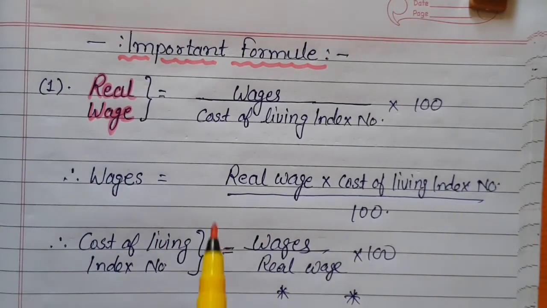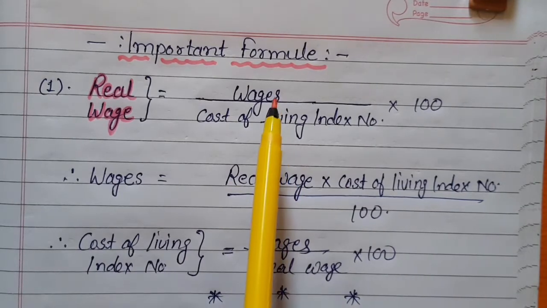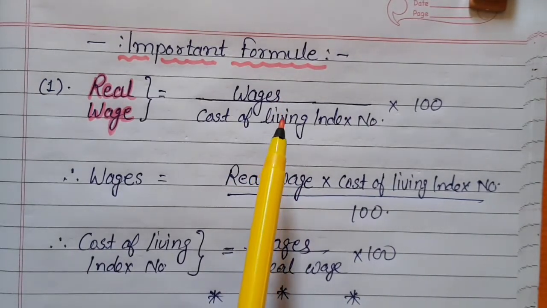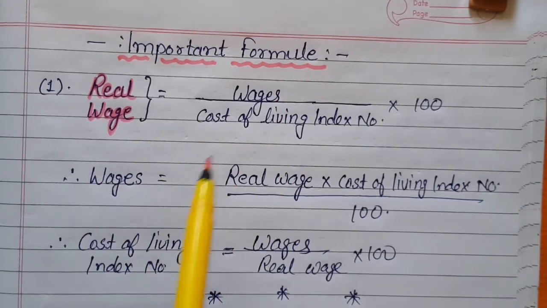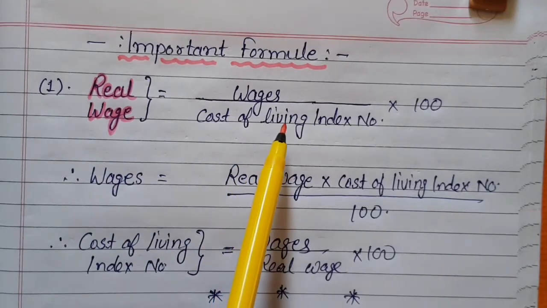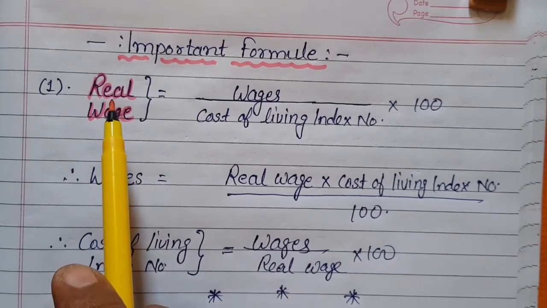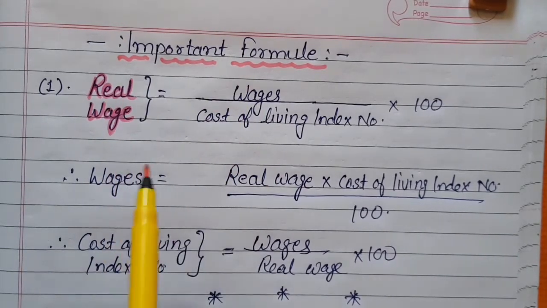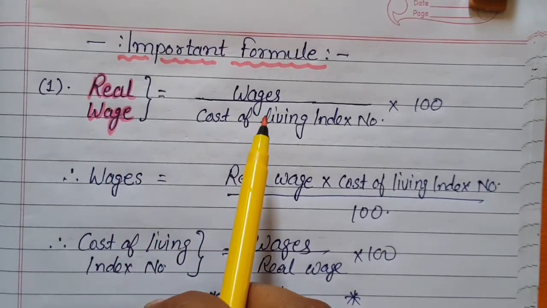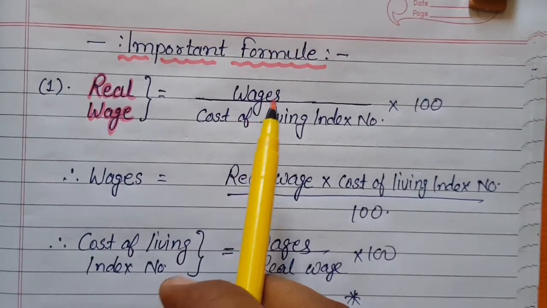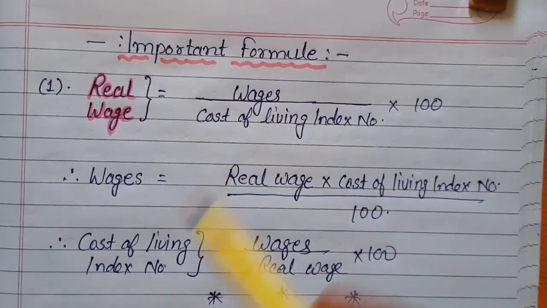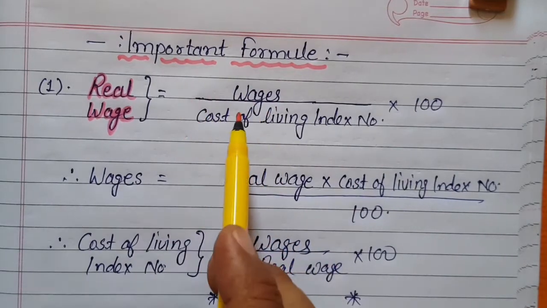Like suppose in exam they give you wages and cost of living index number, so easily you can find the real wage. But suppose they give you cost of living index number and real wage and they ask you to find the wages, so you have to know the formula of wages. Or you can make this formula from the main formula.